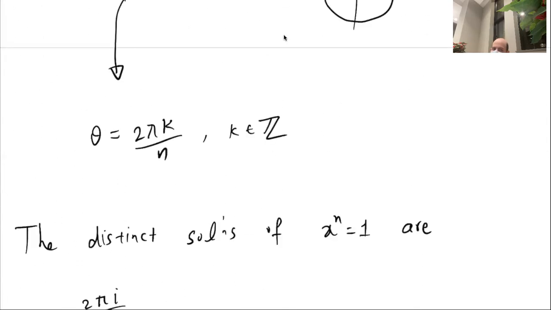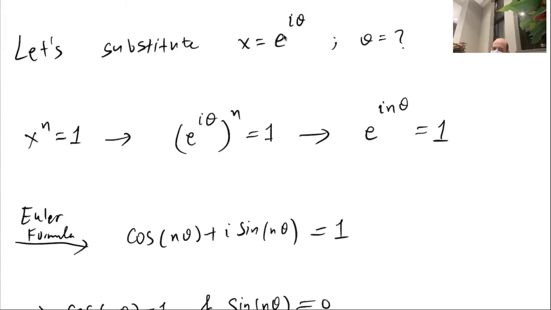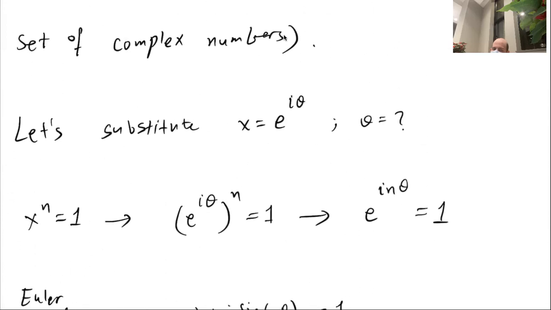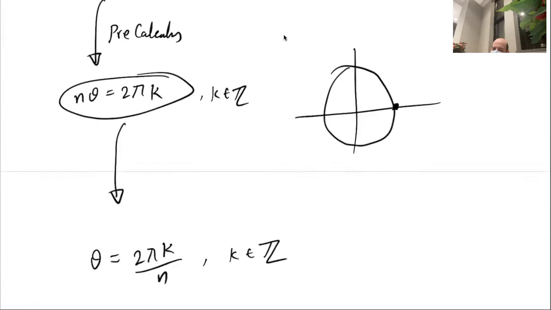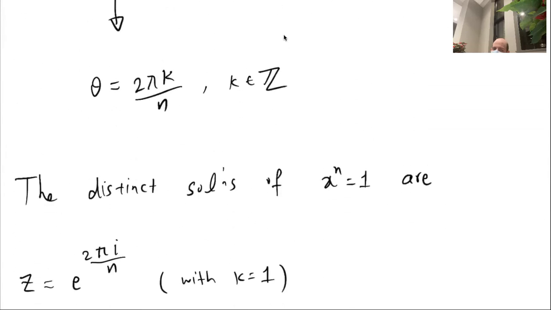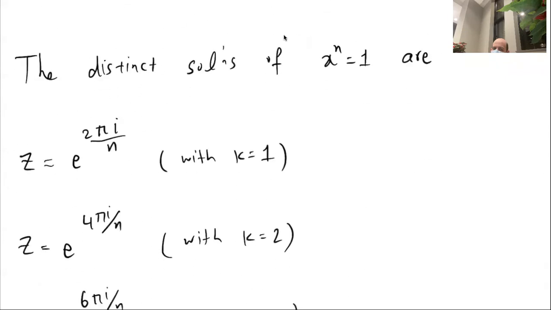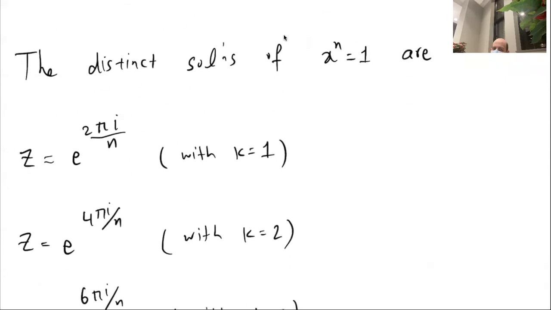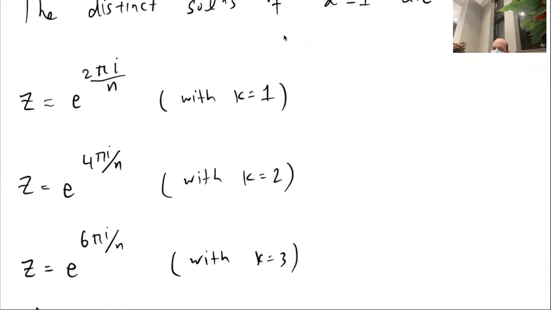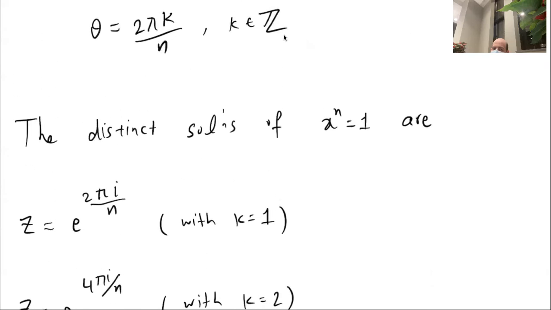This is my theta, and my solution was e to the power i theta, and I have the value of theta here. So you just need to substitute and use different values for k. If k is 1, theta will be 2 pi over n. Therefore, the solution will be e to the power i theta, and theta is 2 pi over n, so it will be e to the power 2 pi i over n. If k is equal to 2, the solution will be e to the power 4 pi i over n.